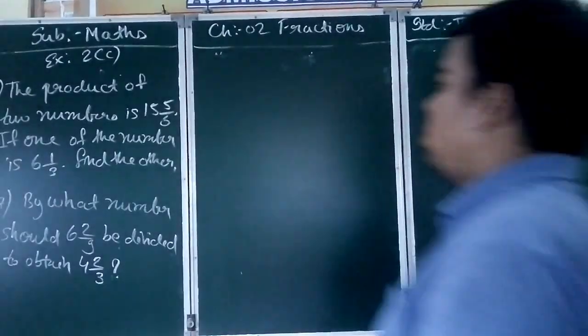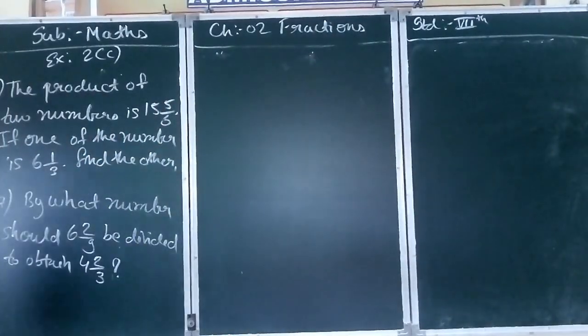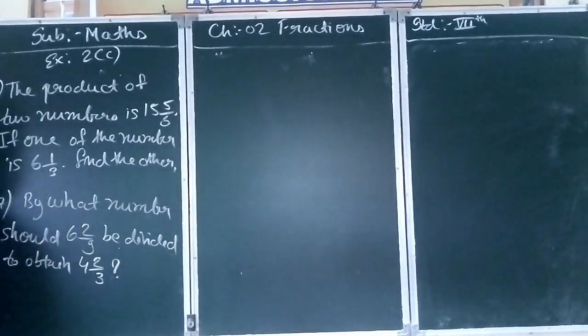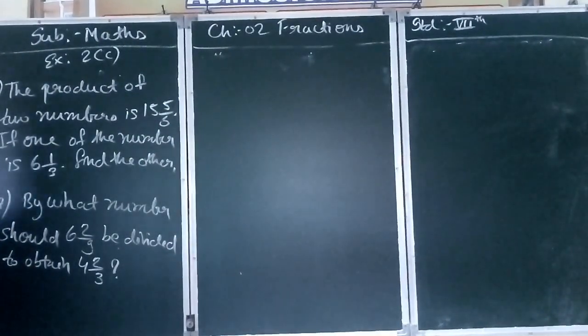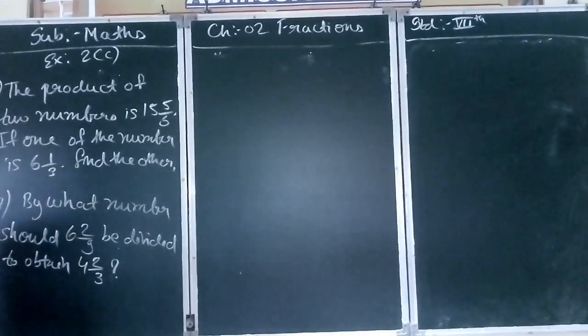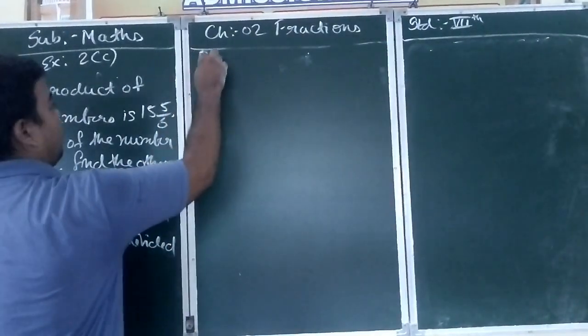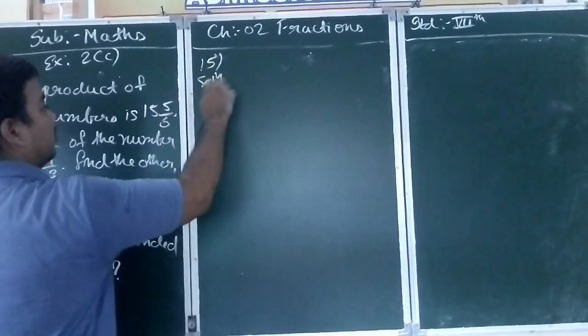Okay. So, solve question 15 now. The product of two numbers is 15 5/6. If one of the numbers is 6 1/3, find the other. So question number 15, solution.